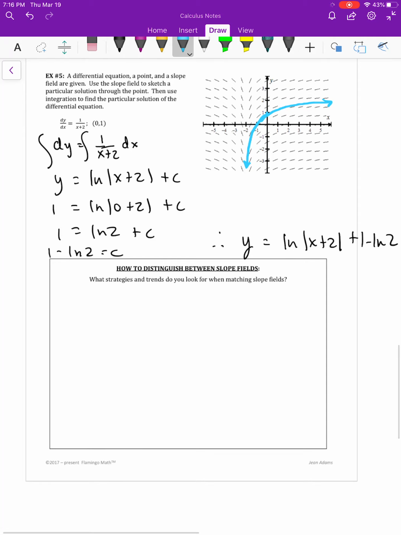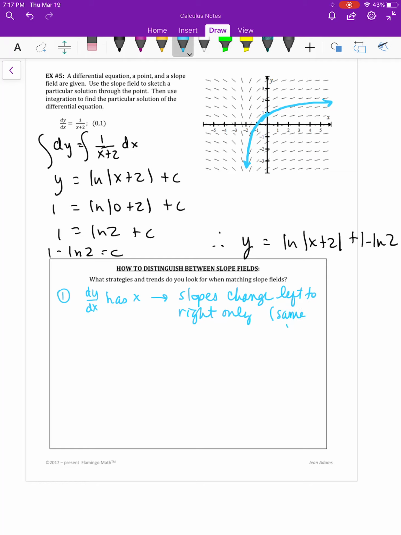Okay? And then how to distinguish between slope fields. What strategies and trends do you look for? So we've got a few suggestions here. Number 1, dy/dx has x only if slopes change left to right only. And that would mean that they're the same vertically.